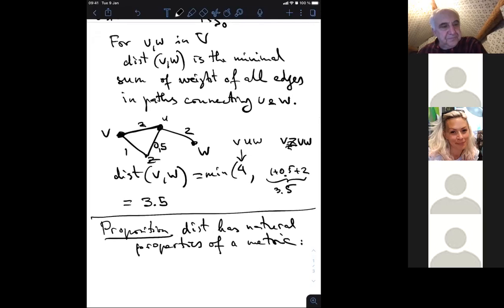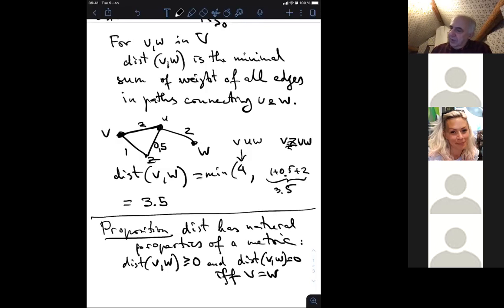First of all, distance of vw is bigger or equal than 0, and additionally, distance equals 0 if and only if v equals w. So this is the first property.